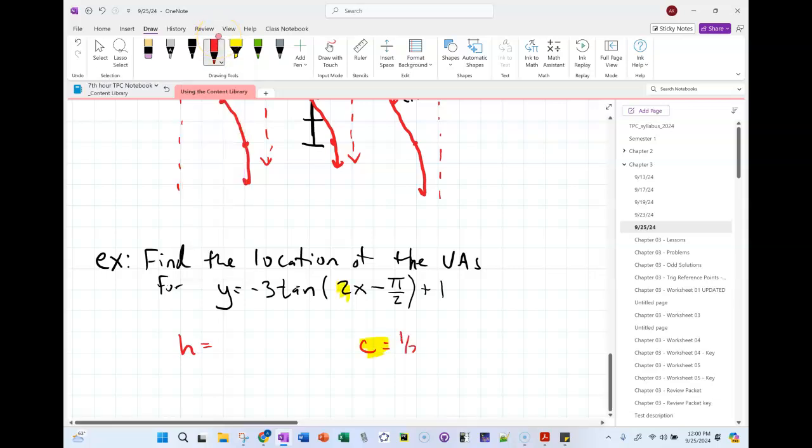They're reciprocals. Everybody's good there. And I know the h is related to that thing that's being added or subtracted from the x, but what do I have to do to that first? I have to factor those innards, right? So if I factor that 2 off, that's really pi over 4 there. Everybody's cool with that?